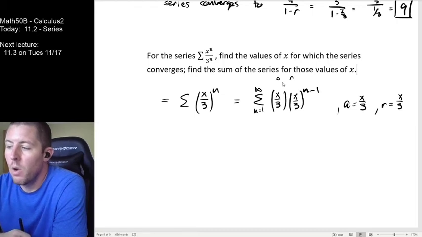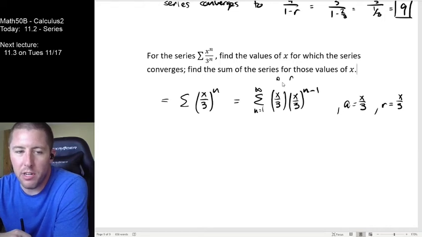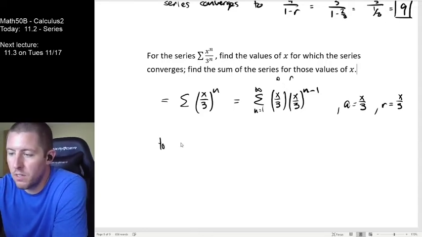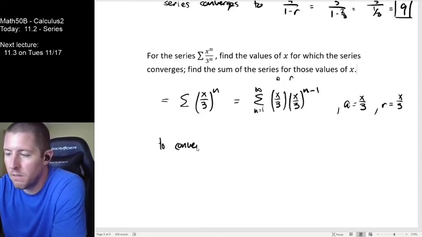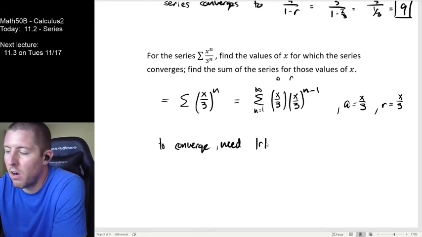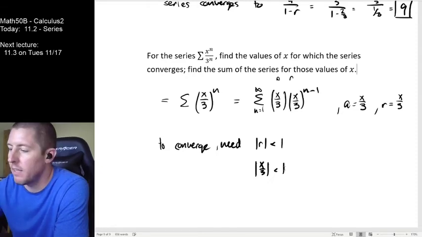Okay. But I'm not sure if this is always going to converge, right? If x is just like 40, then we're just multiplying by 40 thirds every unit of time. From a number that was bigger than 1, we're clearly going to diverge, right? So to converge, we need the absolute value of our common ratio to be less than 1. Our common ratio is x over 3, so that's what I need to be less than 1 in absolute value.